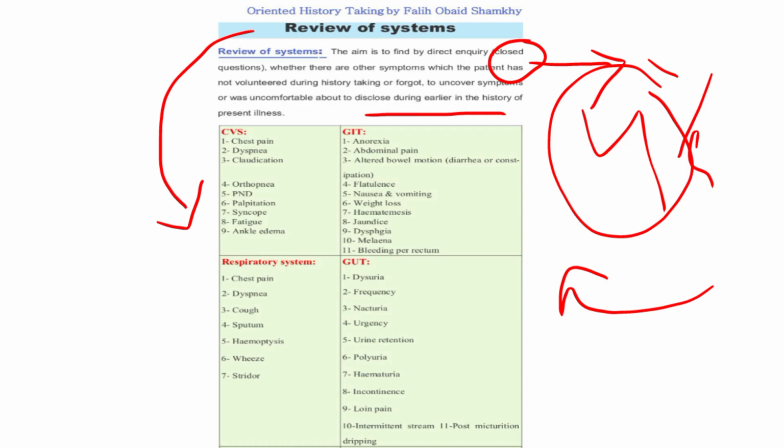The systems we will ask about are the following. First, CVS, the cardiovascular system. We can ask about chest pain, if the patient feels any kind of pain.